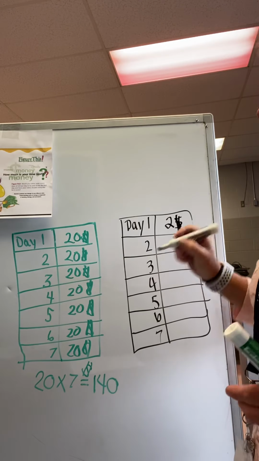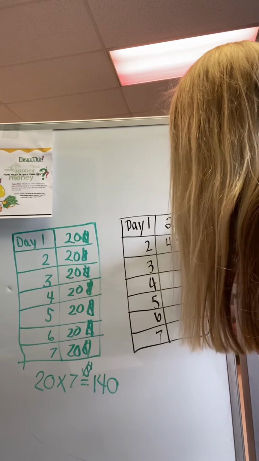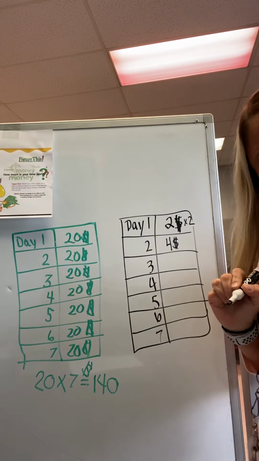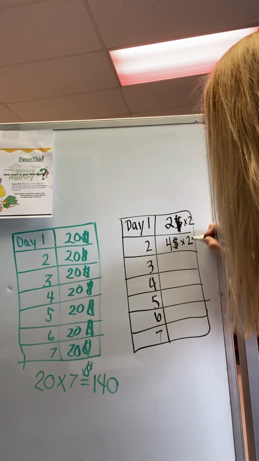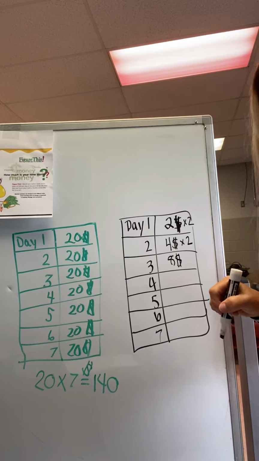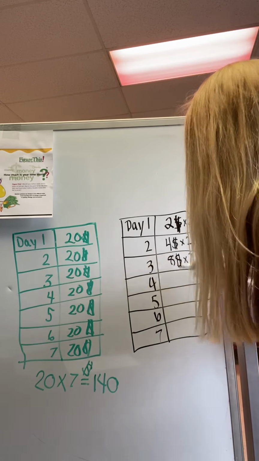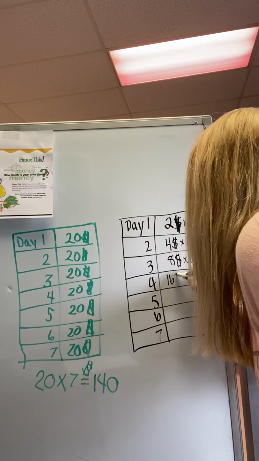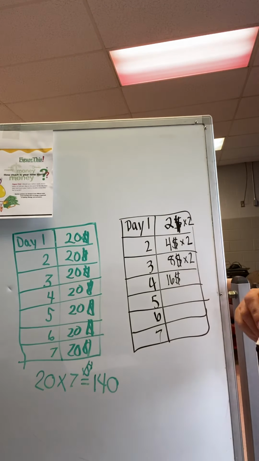And I know that 2 times 2 is 4, so on day 2, I'll get $4. I know that 4 times 2 is 8, so on day 3, I'll get paid $8. So 8 times 2 is 16, so on day 4, I'll get paid $16.